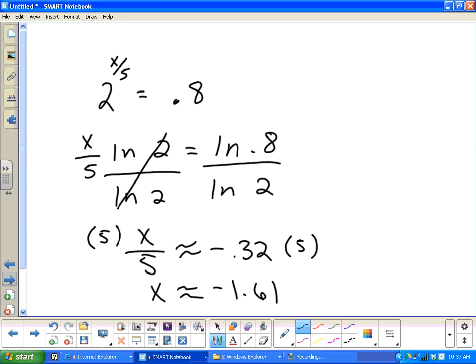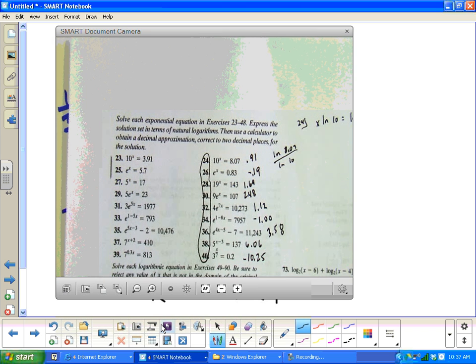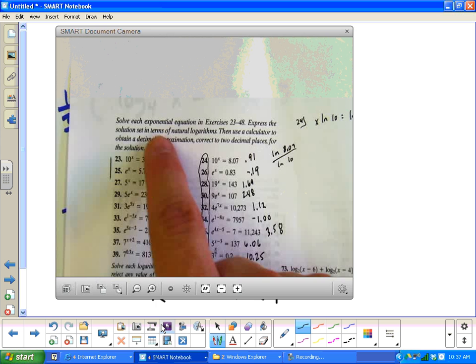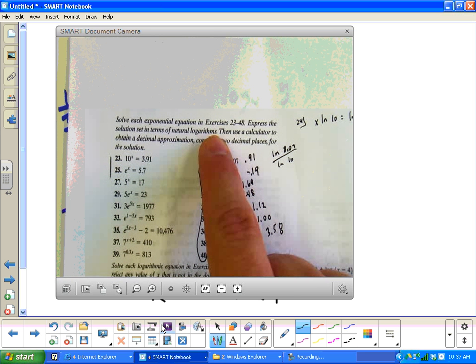All right. Now, let me bring something up here that's in the directions that might throw you off. And I'm not going to make you do this part. It says express the solution set in terms of natural logs.